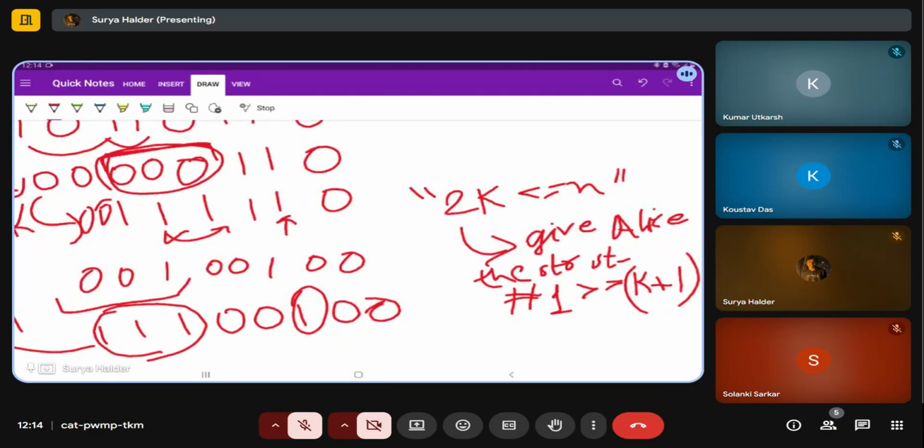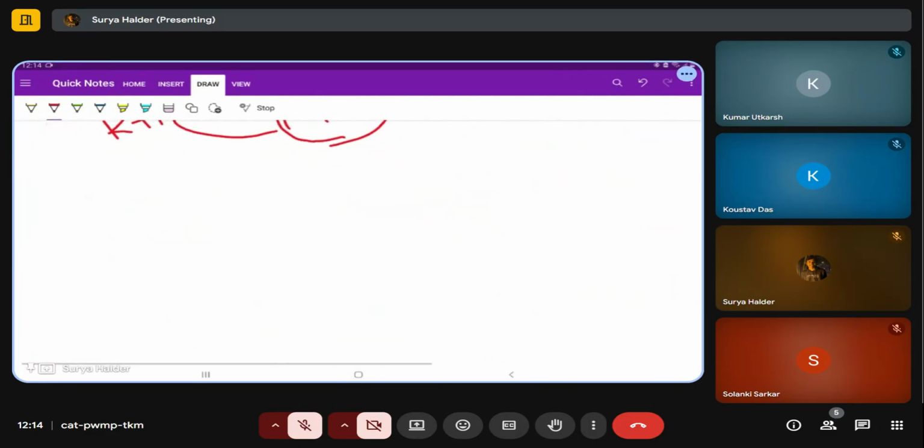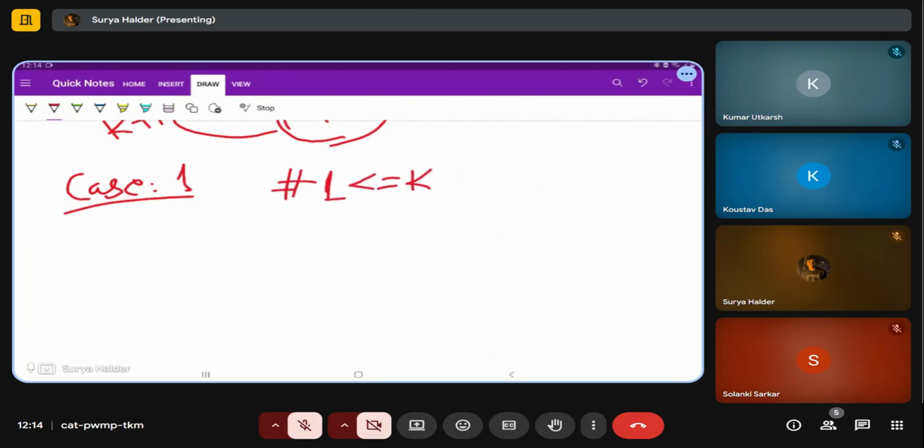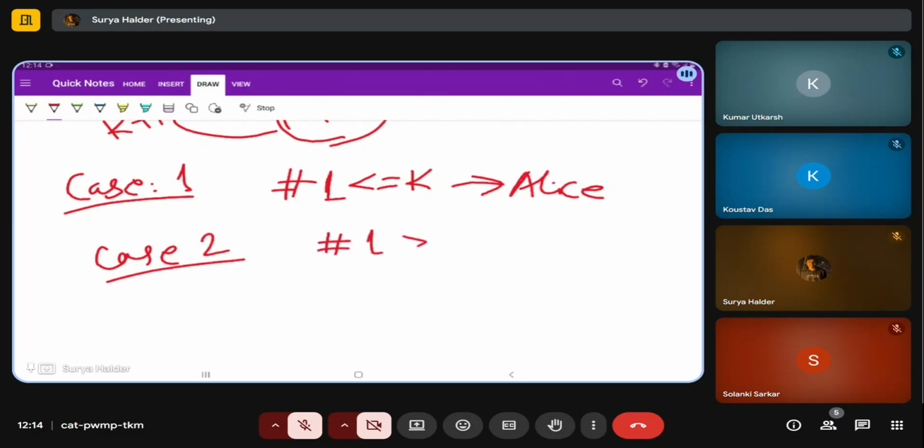So is this logic clear to everyone? It breaks up into two cases. Case 1, when the number of ones is less than or equal to k, then directly Alice will win. Case 2, if this is not satisfied, the number of ones is obviously greater than or equal to k plus 1.